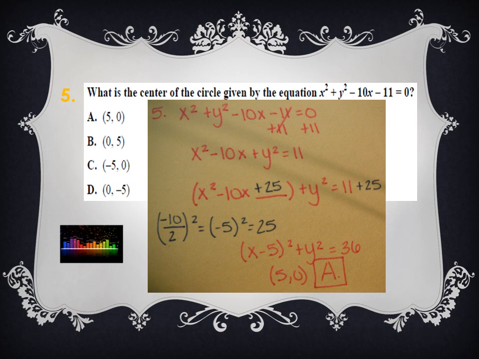So you get x minus 5 squared. Y squared is on its own, and then you add 11 and 25 and get 36. Then to write the equation of the circle, you have x minus 5 squared plus y squared equals 36. And then your center is going to be a positive 5, 0, which means your answer is A.